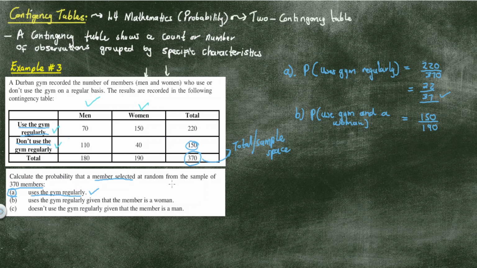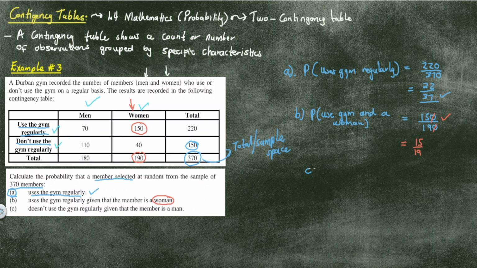The moment they specify each gender, you have to focus on the women's column only. So how many women use the gym regularly? 150, out of how many women? 190. Yes, so you cancel, then it's 15 over 19.